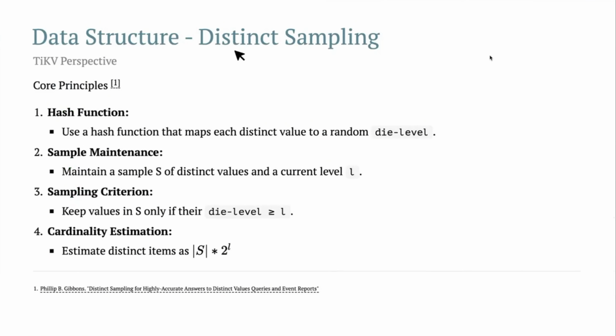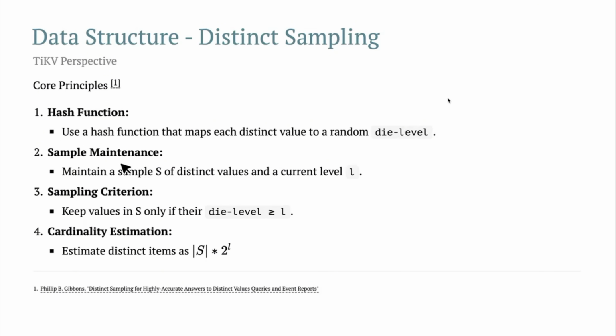So we use a new algorithm called distinct sampling. The core principles of distinct sampling are as follows. First, we use a hash function. It's pretty similar to the FM sketch, but this time we give it a fancy name: die level. Basically, we use the same hash function that maps each distinct value to a random die level.